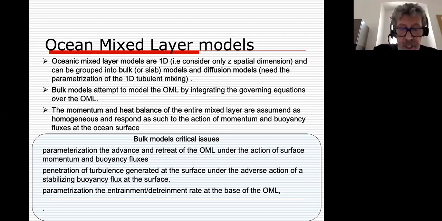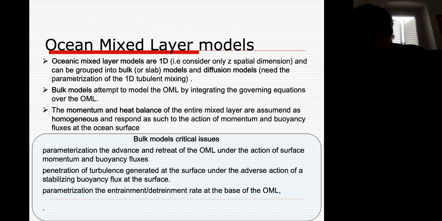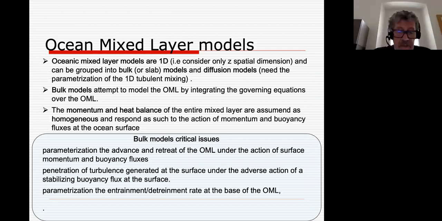So we cannot forget that if you have heating of the upper layer, this is a barrier that prevents the penetration of turbulent stress from the surface below. And again, the same problem at the bottom. These are physical processes that cannot be represented directly, but they should be taken into account with the judicious definition of some specific constants of fluxes.